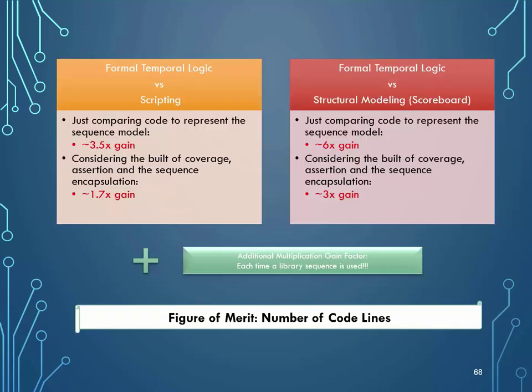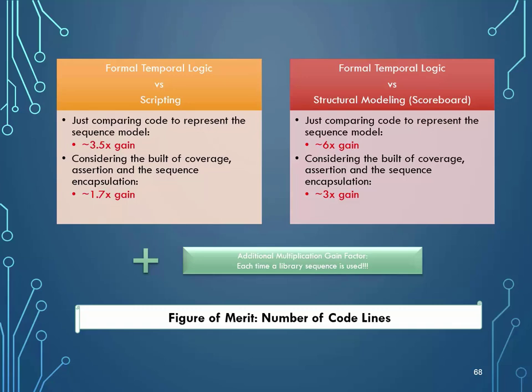Yeah, well, this will be the last part, and we did the exercise of using Perl scripting with a tracker, counting how many lines of code we needed to check for the sequences to match, and we saw that just taking into account the sequences, it happened to be 3.5 times less effort doing it with SystemVerilog and all these temporal logic tools. And if we consider the assertion and cover characteristic, it was almost 2 times less effort.